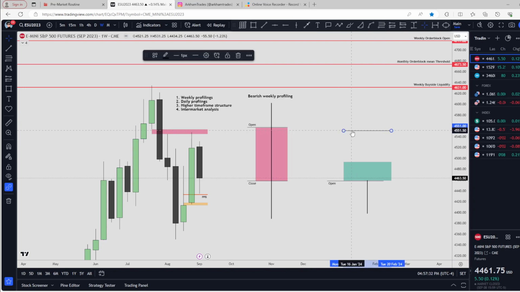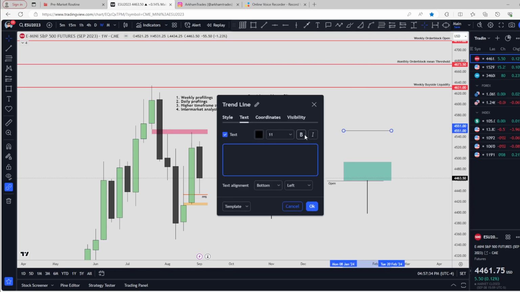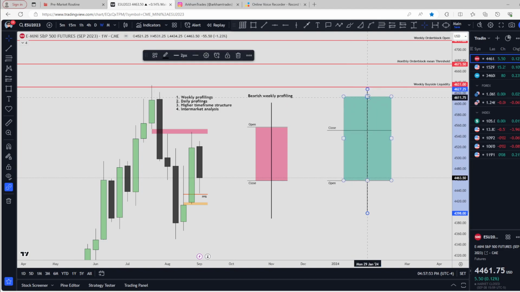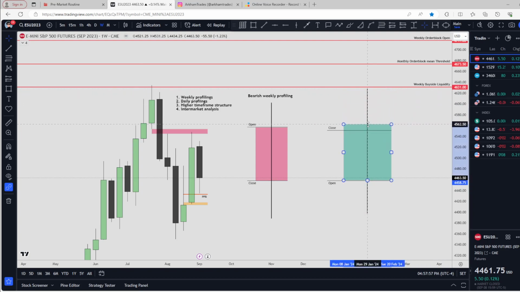So price comes back up here, extend your wick, say it goes a little bit higher, then it comes right back down.